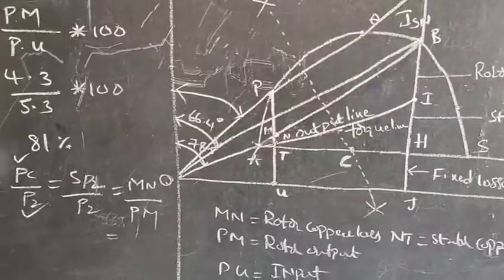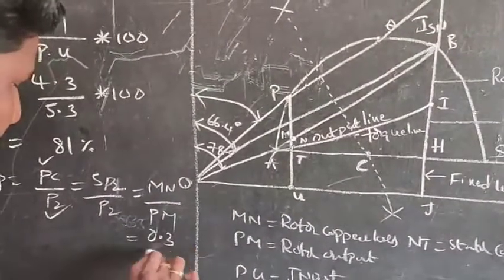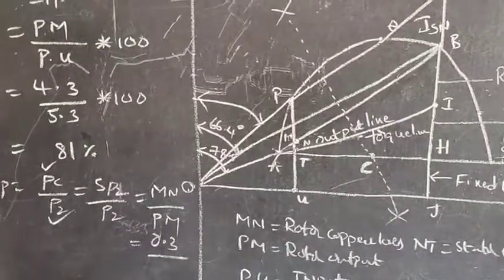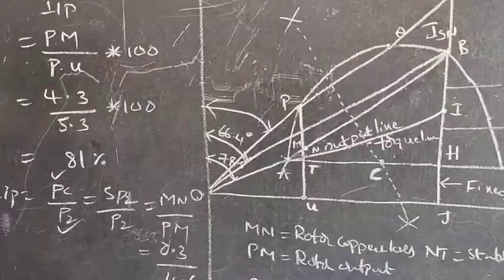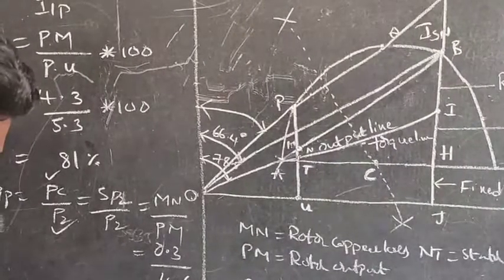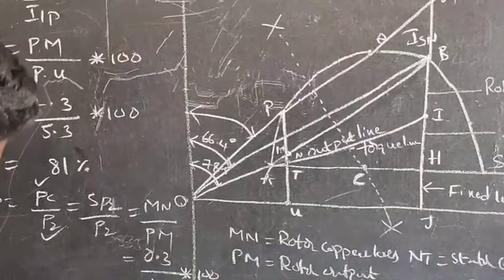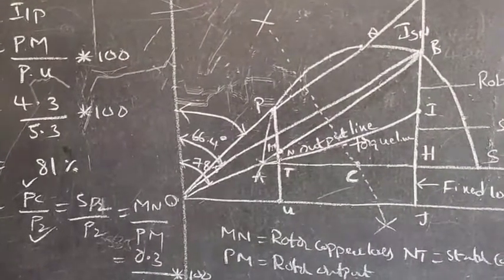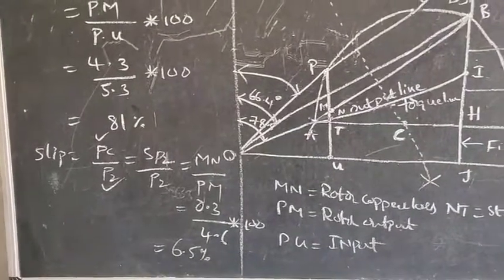Here MN is 0.3 and PN is 4.6. The slip value is 6.5%. So like that we can calculate.